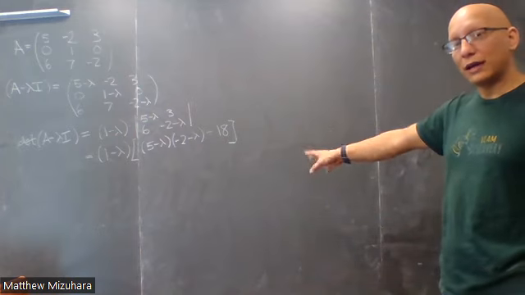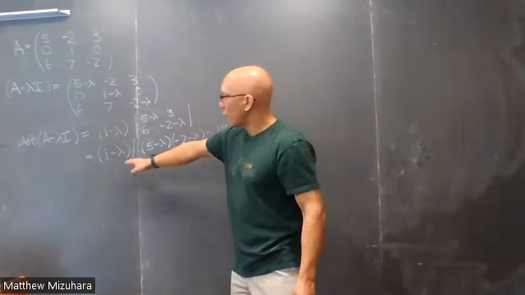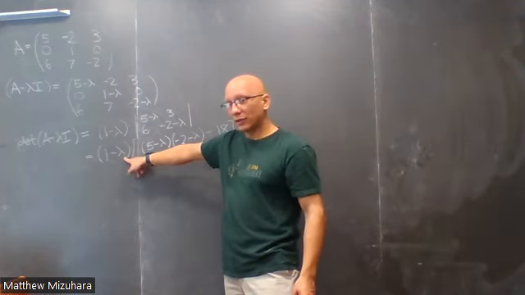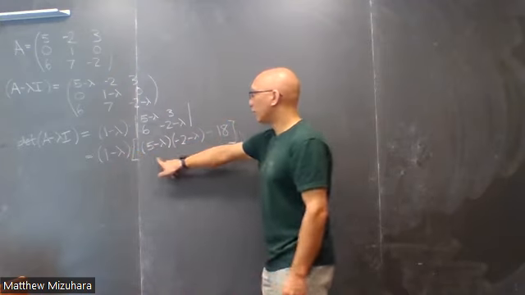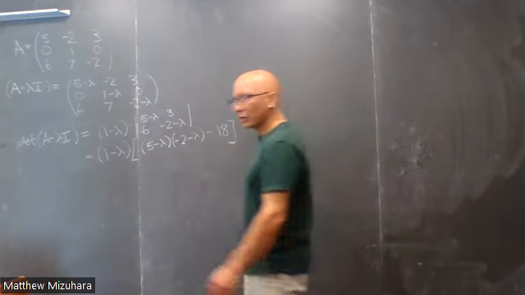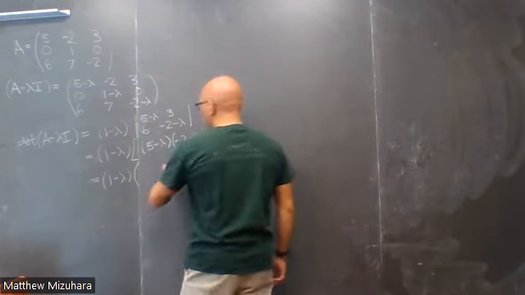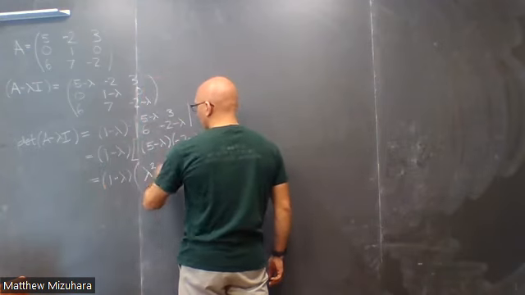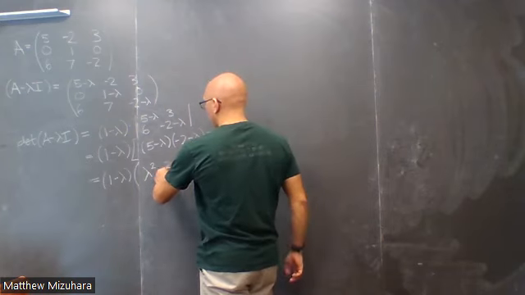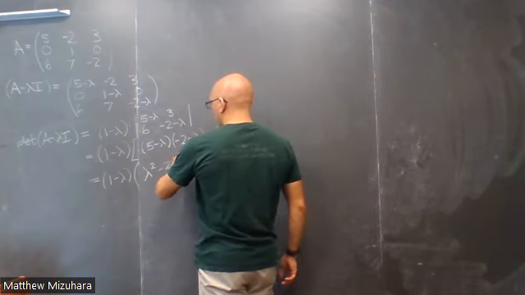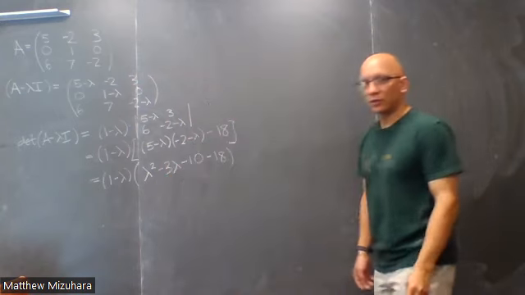So let's continue by evaluating, distributing, simplifying, and refactoring. Of course, I want to leave that 1 minus lambda in front because it's already factored out for me. So I'll leave it out as a factor term and really focus on the things inside the brackets. So I'm going to have a 1 minus lambda times. If I distribute, lambda squared, minus 5 plus 2 is minus 3 lambdas, and then minus 10 and minus 18 still left over.